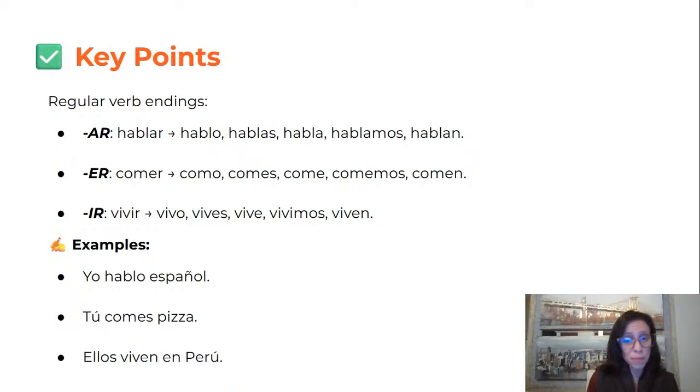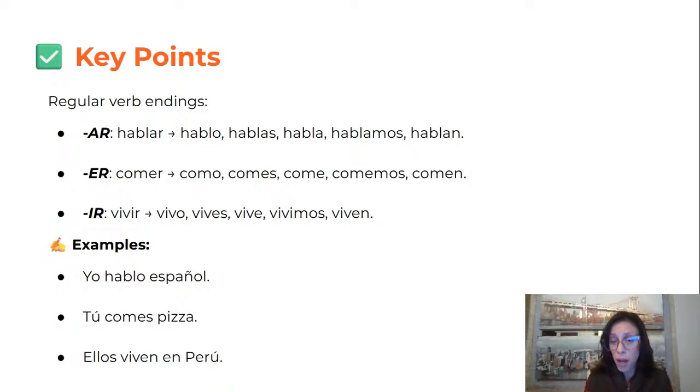If we simply replace the root hablar for gustar, we will get the same outcome. Okay? Gusto, gustas, gusta, gustamos, gustan.